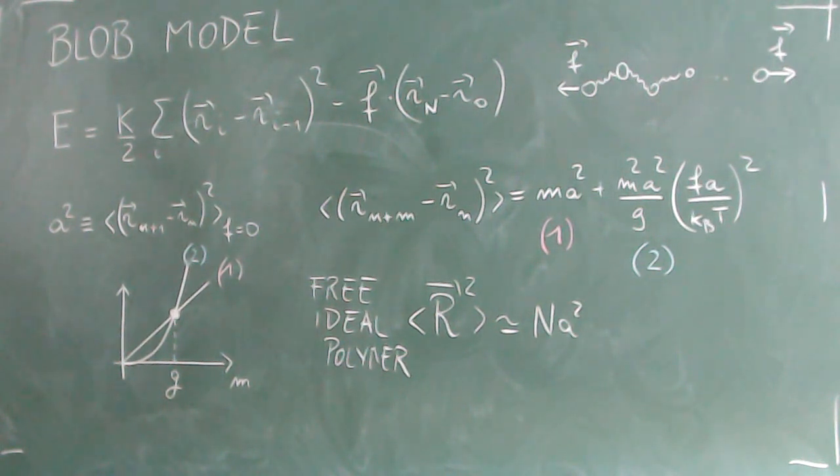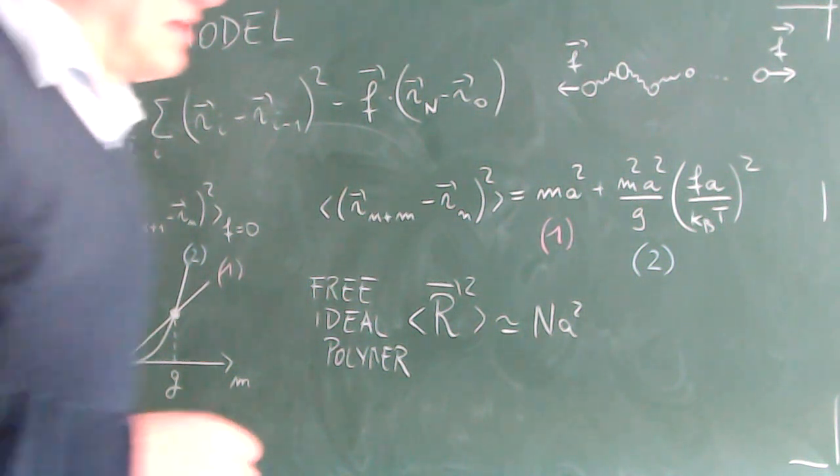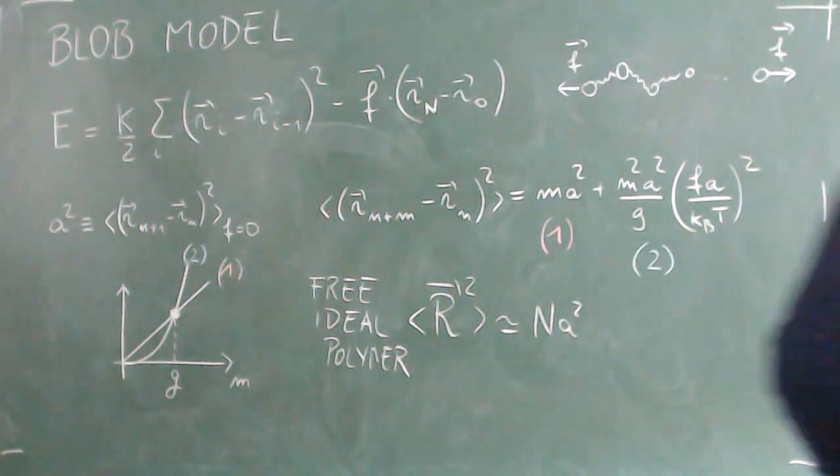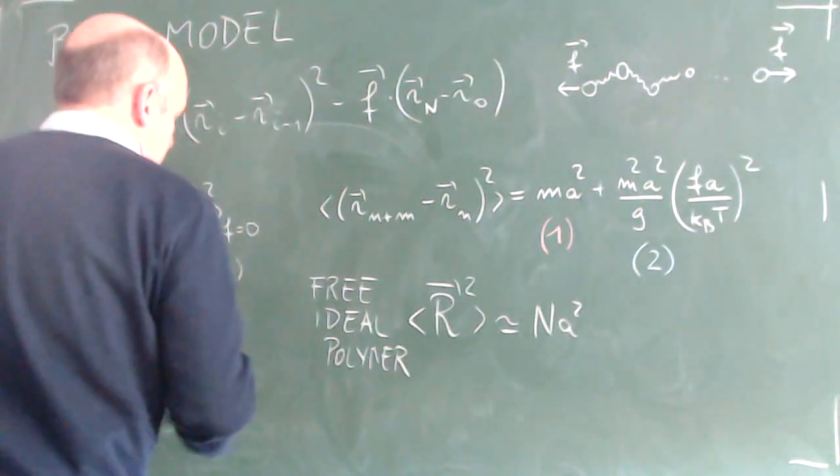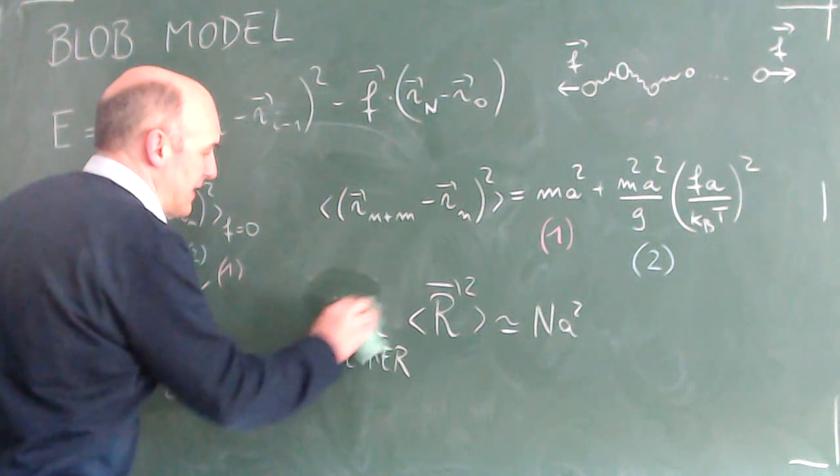Now, the second term is due to stretching, okay? And it's a different shape, it goes as m squared. So when the two balance, we have a characteristic number of monomers, and this defines what we call a blob. Okay, so I can erase this one.